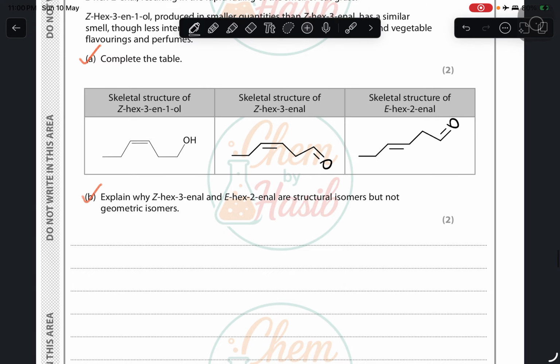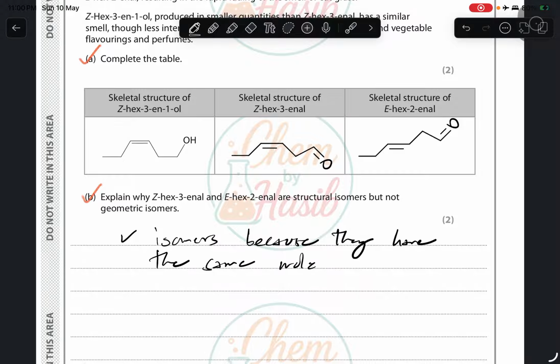So one mark that you get is to write isomers because they have the same molecular formula.